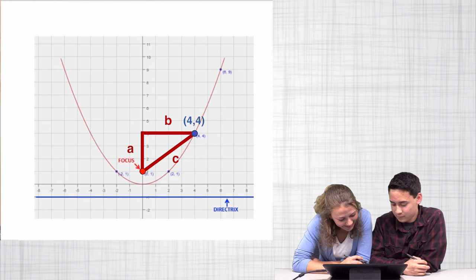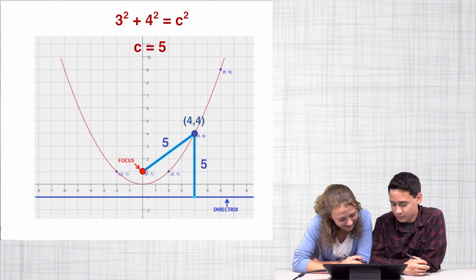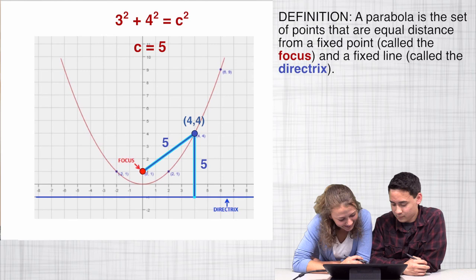The Pythagorean theorem states that the square of the hypotenuse is equal to the sum of the squares of the other two sides. Sasha and Keoni substituted the length of 3 for a and 4 for b. They solved for c, which was 5 units. This means that the distance from the point (4, 4) to the focus is the same distance as it is to the directrix. So the point (4, 4) fits the definition of a parabola.